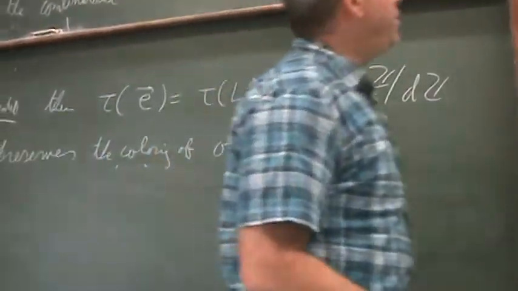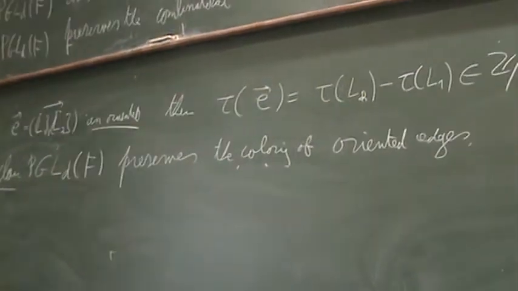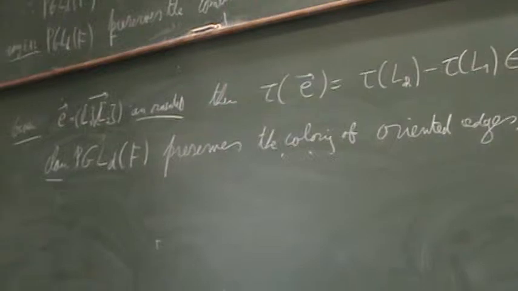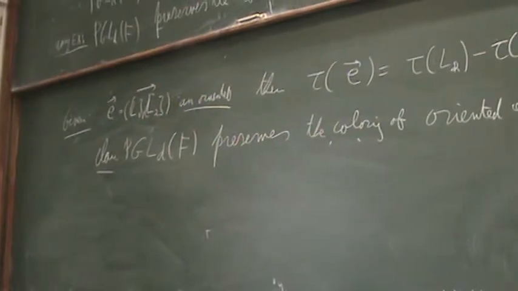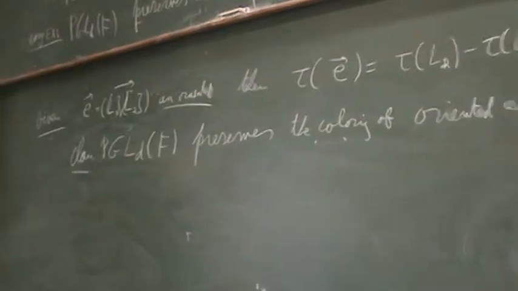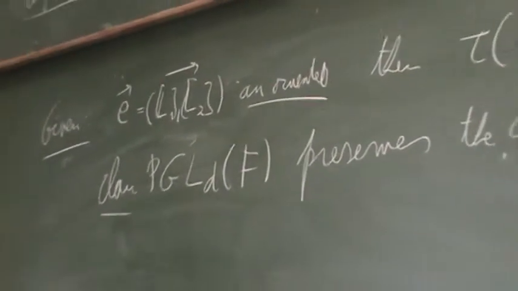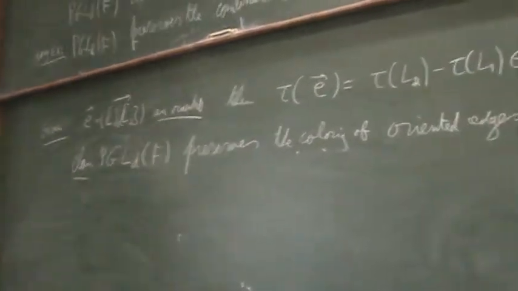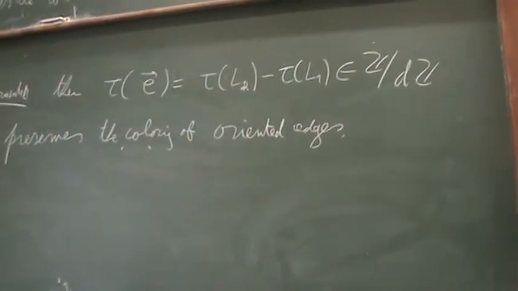This is simply because they add a constant number. If I add the same constant number to L1 and to L2, then when I take the color of L2 minus the color of L1, this is okay.